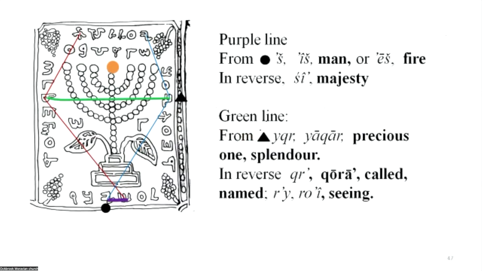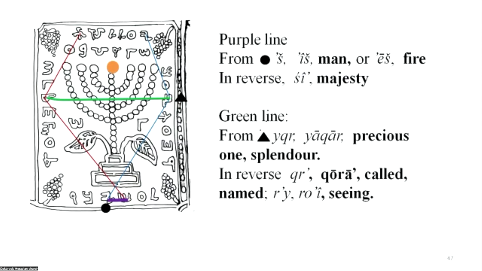Now, if we look at the purple line at the bottom here, we have the man, or it can be fire. And in reverse, it's majesty. So we've got the royal man here. We've looked at his path up to heaven. That was the previous slide.